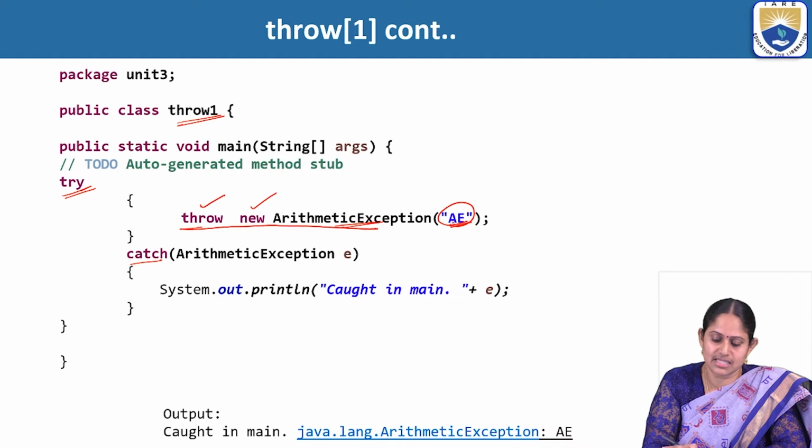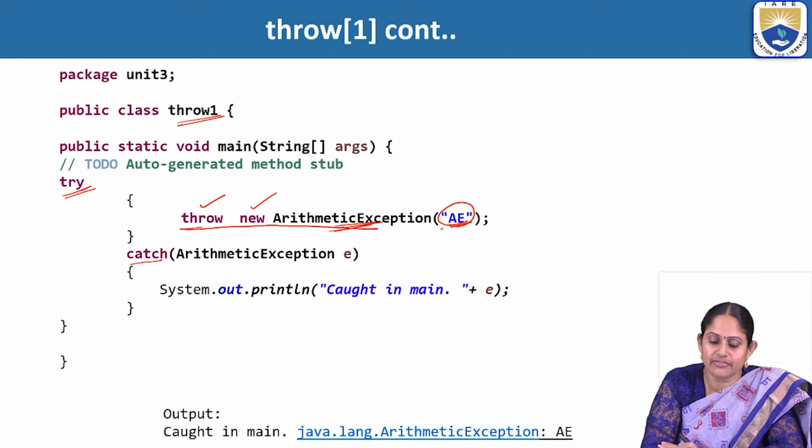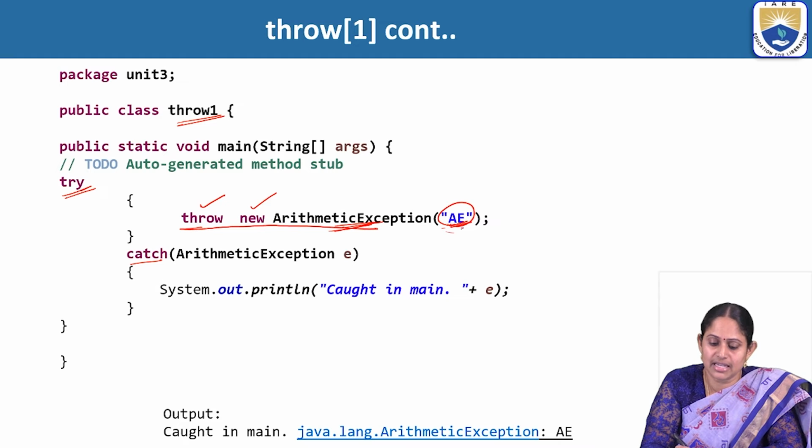If we are throwing an arithmetic exception and we don't give the error message, then it will make use of the default error message, as we have seen before, division by 0, and that message will be displayed. Or since here we are rewriting that error message, this particular message will be displayed.